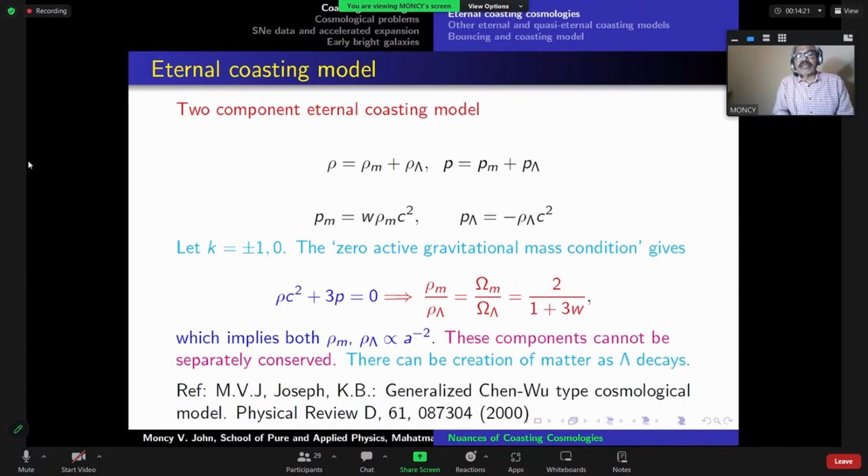Because of this, with matter and lambda varying as a to the power -2, the components cannot be separately considered, because matter should vary as a to the power -3 and rho lambda should remain a constant. But in this case, they are not separately considered. There can be creation of matter as lambda decays. This model was discussed in this paper.